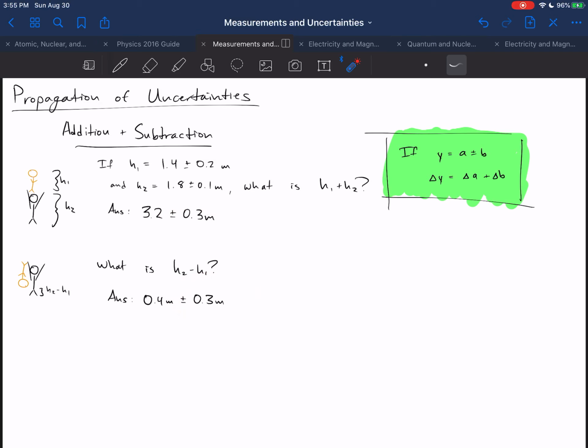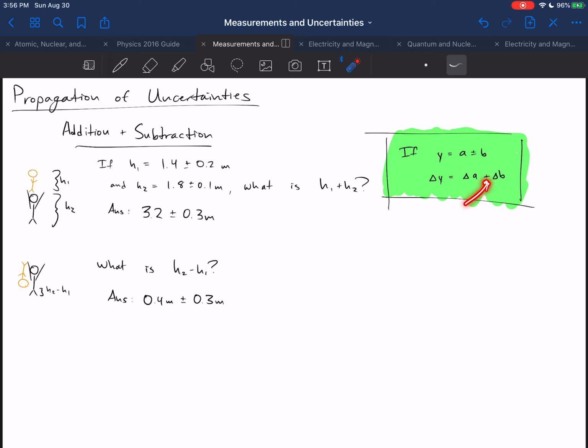Now this is shown in your data booklet with the following general formula. You don't have to memorize this, but you do have to identify the equation. In your data booklet, it will say that for any quantity y equal to a plus or minus b, the uncertainty on y is equal to the uncertainty on a plus the uncertainty on b.